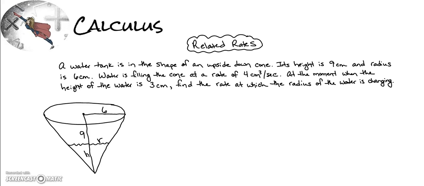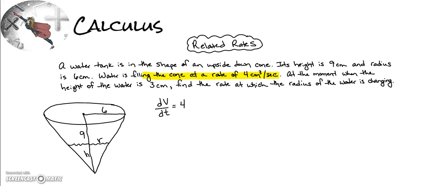So that's our picture. Now the next step is to make a list of all of the numbers that we know that they gave us. We don't have to write down the 9 and the 6 again because those are labeled right on our picture. So they did say that water is filling the cone at a rate of 4 centimeters cubed per second. So that value is dV/dt, the change of volume with respect to time. That's 4.